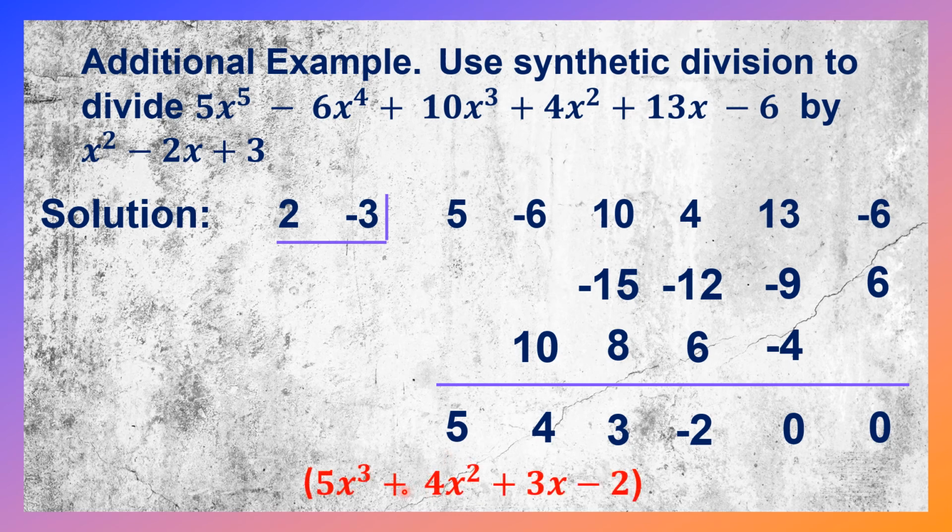So, copy 5x cubed, then positive 4x squared plus 3x minus 2. Then, to write the quotient, we multiply it by our divisor, which is x squared minus 2x plus 3. So, the quotient now is x squared minus 2x plus 3 times 5x cubed plus 4x squared plus 3x minus 2.